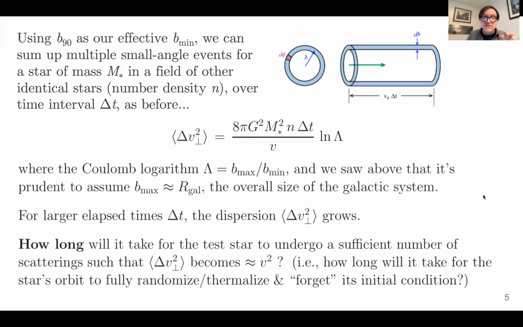When that delta V perp squared grows to be of the order of the initial velocity squared, that is a representative time that we're going to call the relaxation time, because after that amount of time elapses, the star has completely randomized, thermalized maybe, and essentially forgotten that initial direction and its initial condition from where it came from.